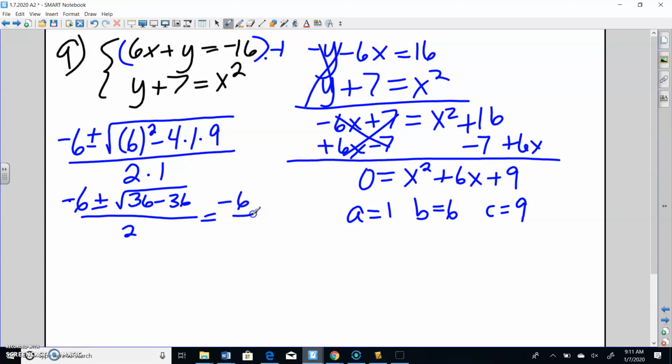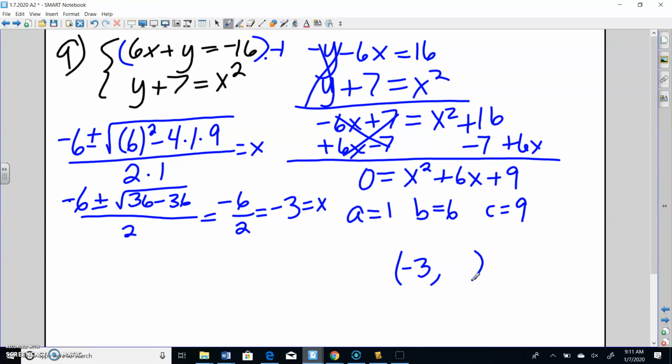So we just get -6 over 2, which is -3. That's our only x value. So this was all x. So I know x is -3 in my answer.